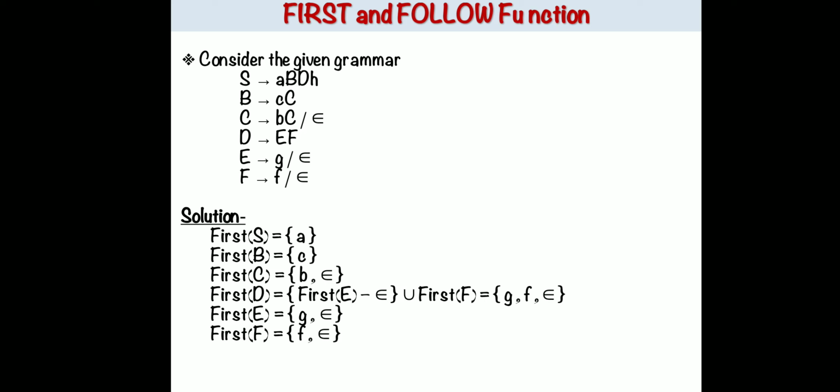First of D is a non-terminal, so we have to consider first of E, where first of E is G and it also contains null.